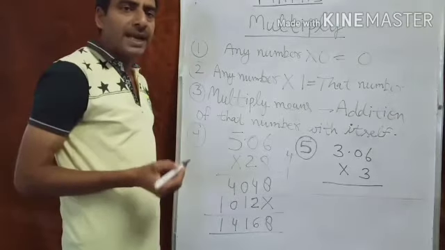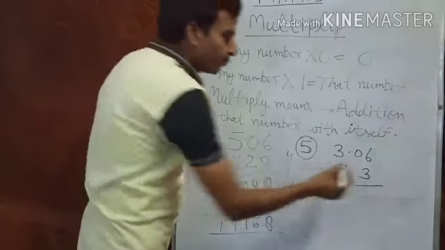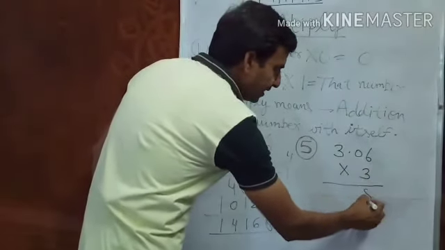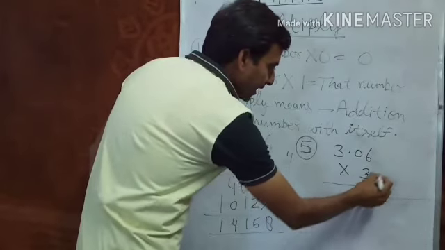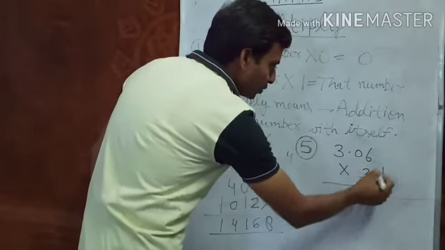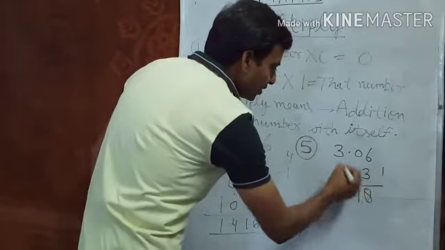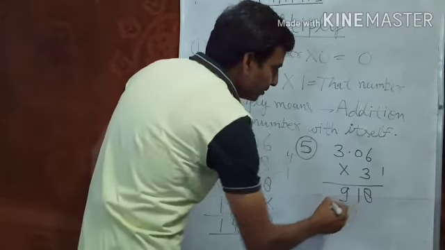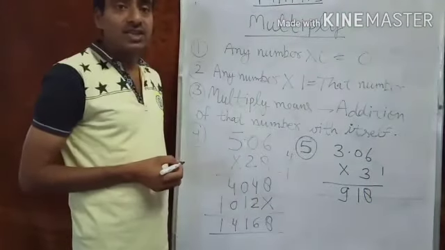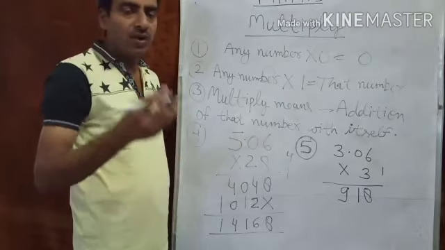If you want to multiply decimal numbers, then the same: 3 6s are 18, 1 carry, 3 0s are 0, 0 plus 1 is 1, 3 3s are 9. Then we calculate the decimal digits from RHS.